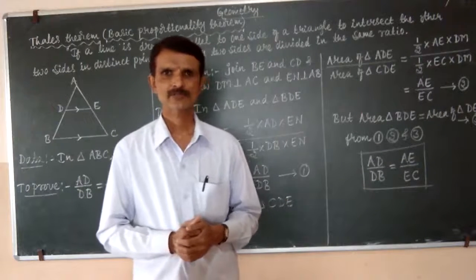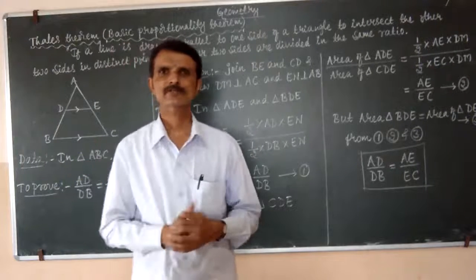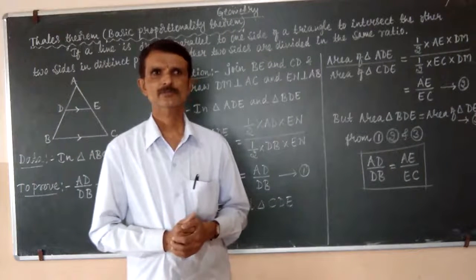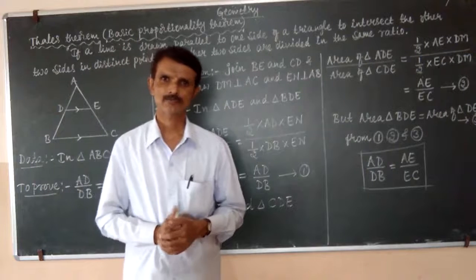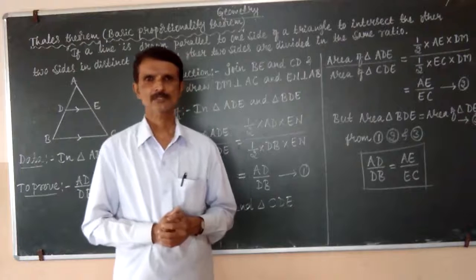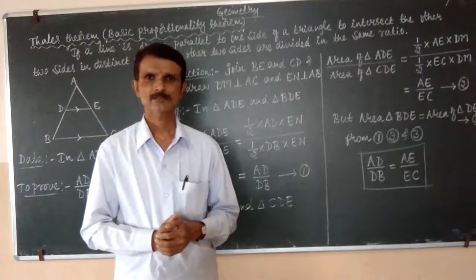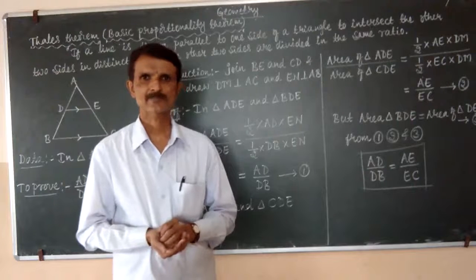Now, students, we will see the statement of the Thales theorem. This theorem is very important for the examination also. You will get 5 marks or 4 marks, so you have to study it well at home by practicing it.